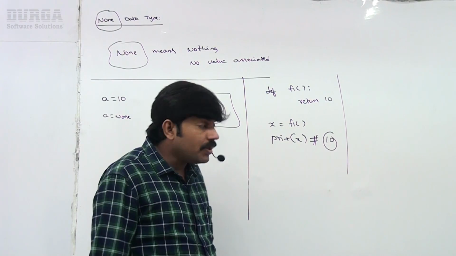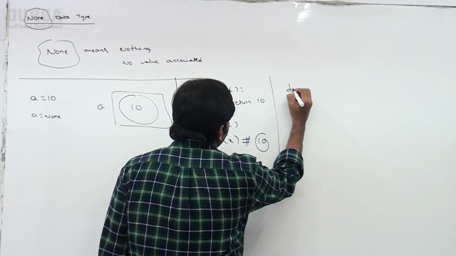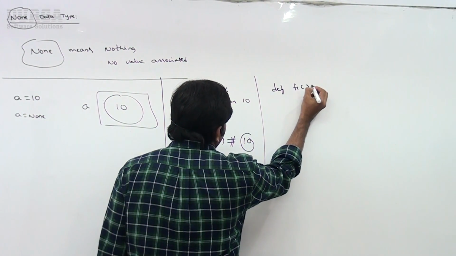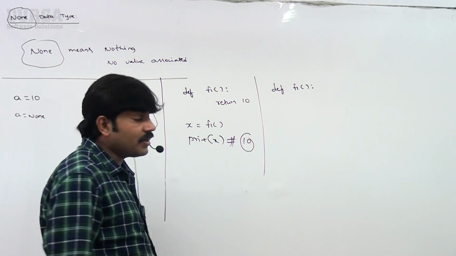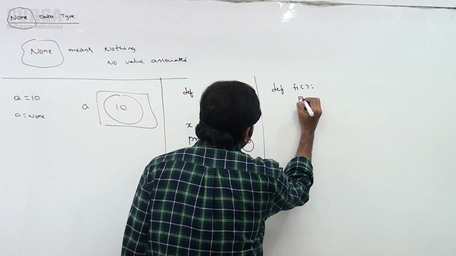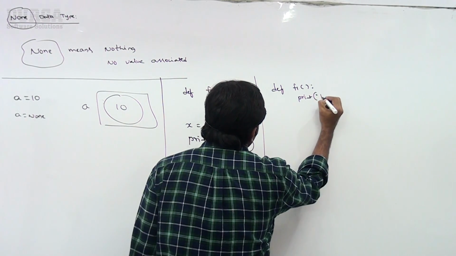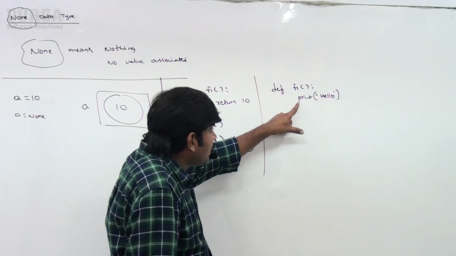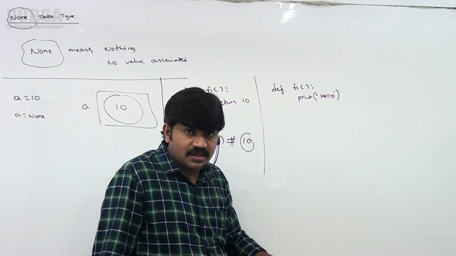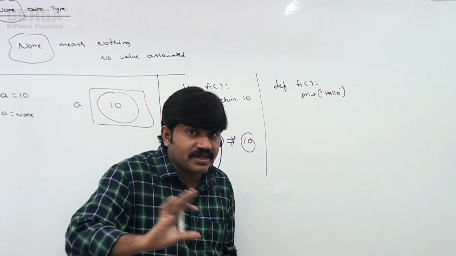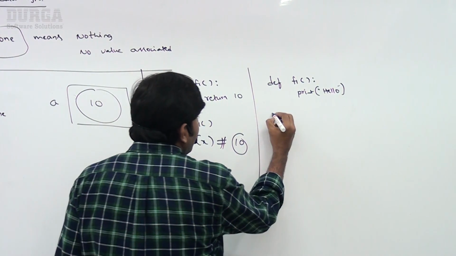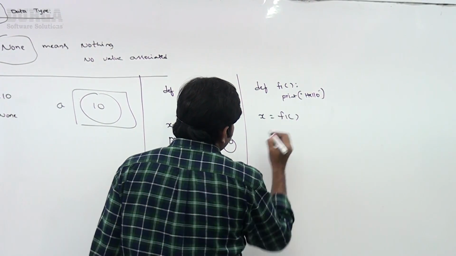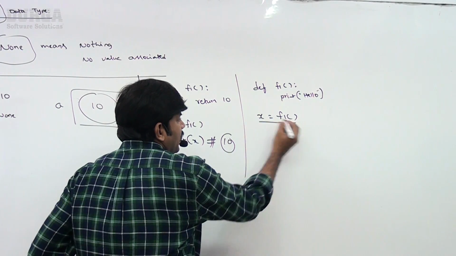Assume that, sir, but now I'm taking def f1 with just print('hello'). This function is responsible to print hello, that's it. This function is not going to return any value, sir. Still I'm calling that function, and the return value I'm storing inside x.